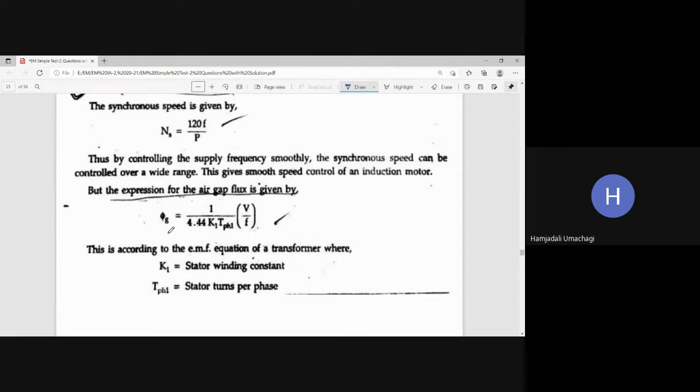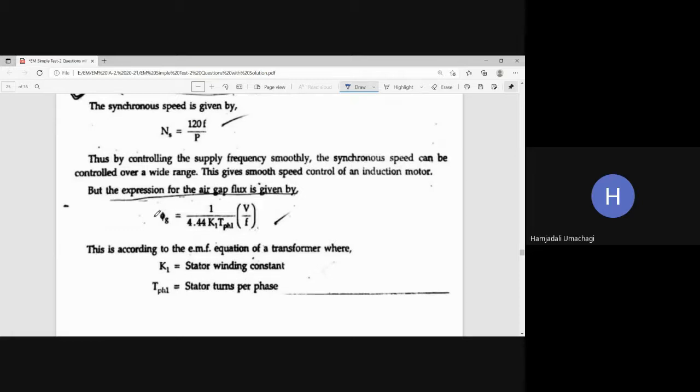This equation is according to the EMF equation of the transformer. This is the equation of flux in the air gap written as per the transformer EMF equation. If it is a transformer, K1 would be for the primary winding, but here, for the induction motor, K1 is the stator winding constant and TPH1 is the stator turns per phase.